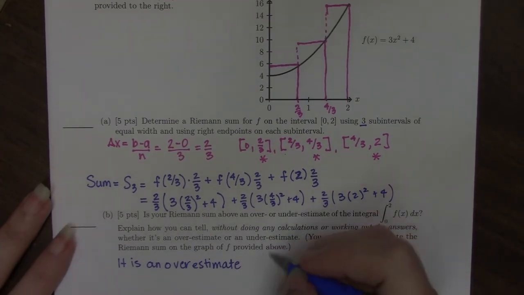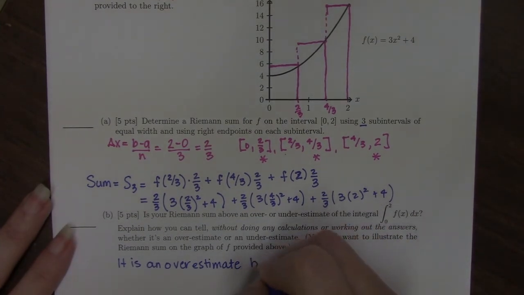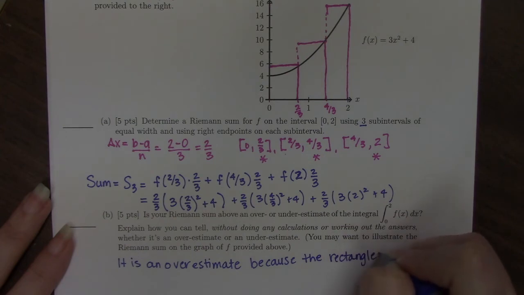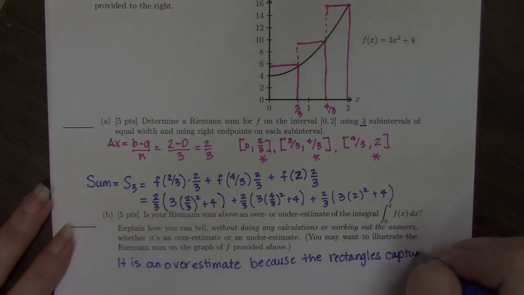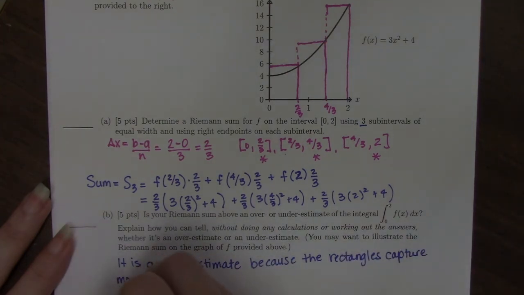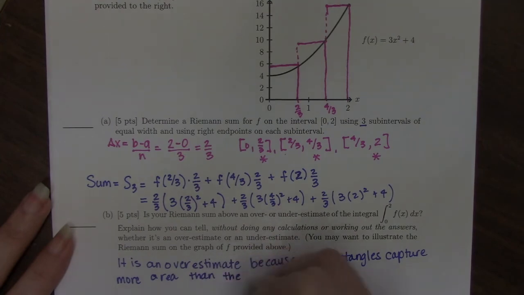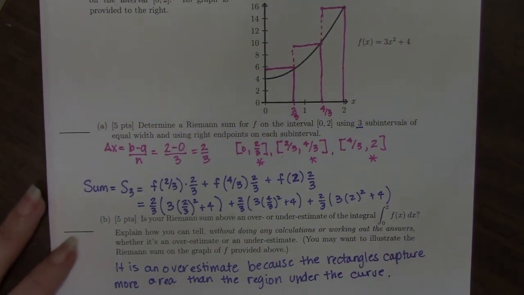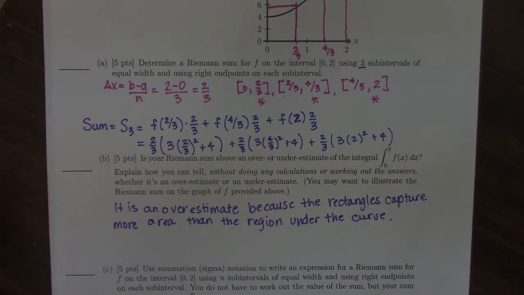You could mention that the function is increasing, but I think the simpler explanation is because the rectangles capture more area than the region under the curve. You just explicitly state what you see happening.